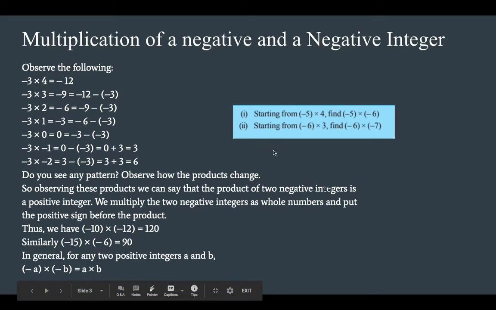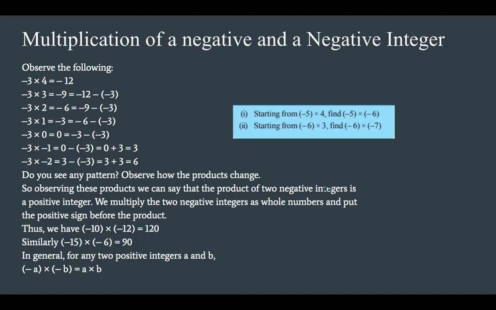So this is an exercise for you. Starting from negative 5 into 4, find the value of negative 5 into negative 6. So what will this be? Negative 5 into 4 is negative 20. Negative 5 into 3 will be negative 20 minus negative 5, that is negative 15.